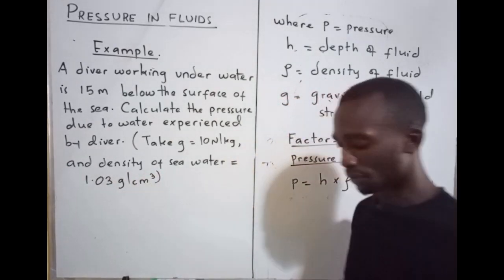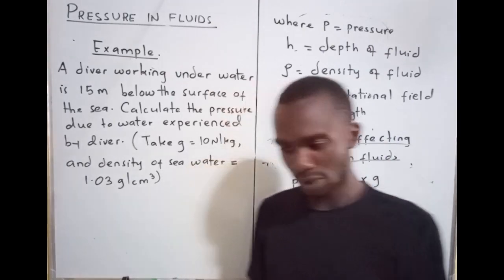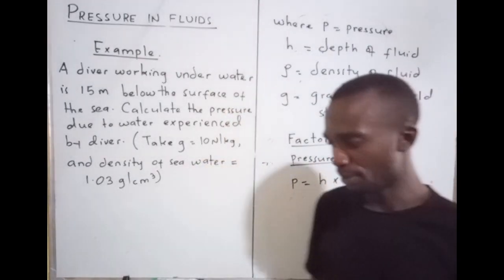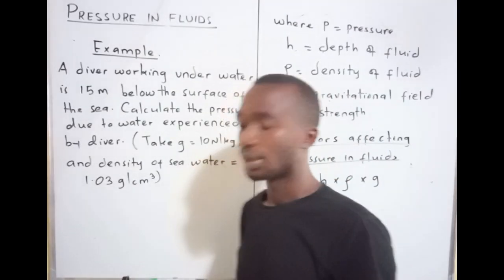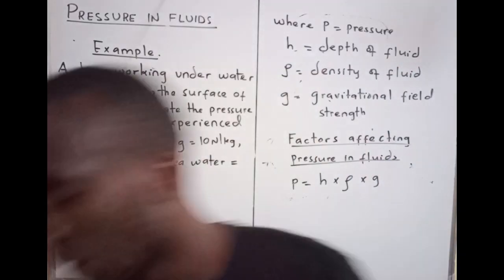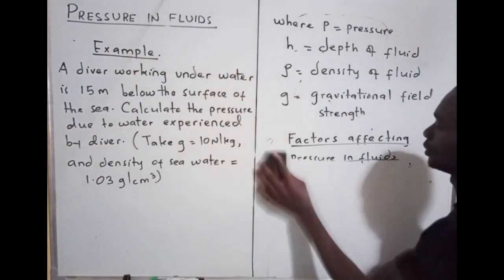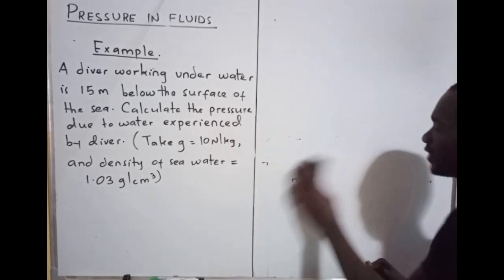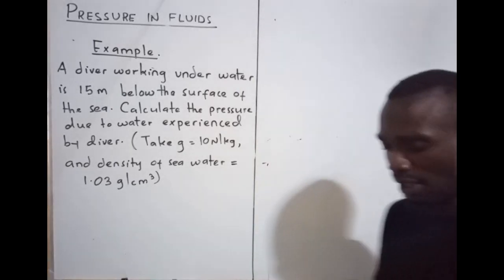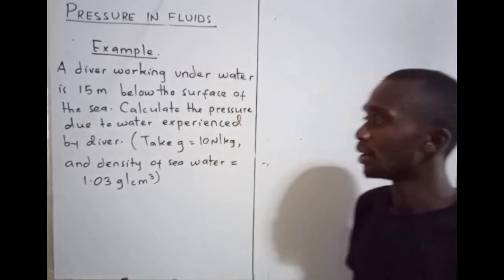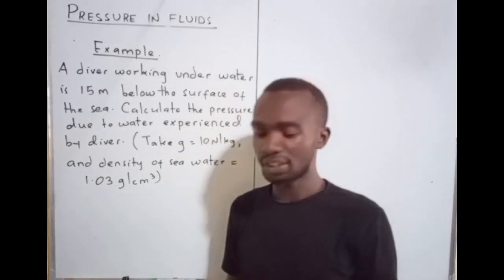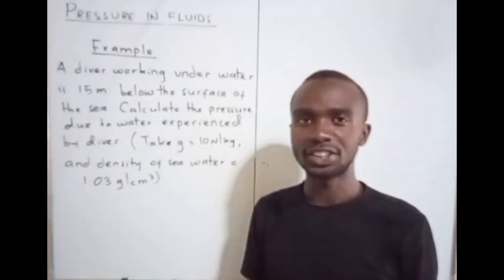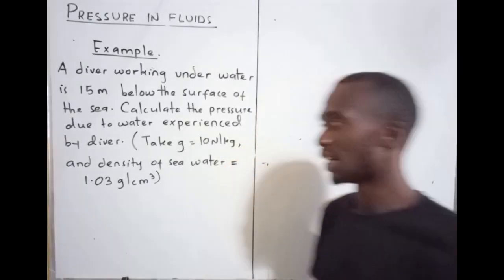That is the density of seawater, equal to 1.03 grams per cubic centimeter. So that is the question that I want to solve now. Now this diver is below the surface of the sea. It means that when the diver is below the surface of the sea, water itself is exerting pressure on the diver.